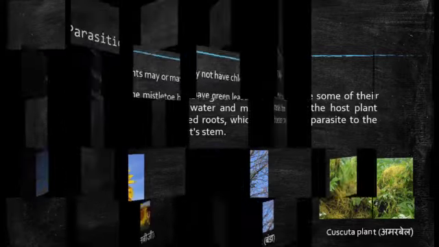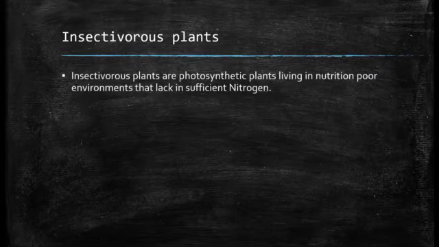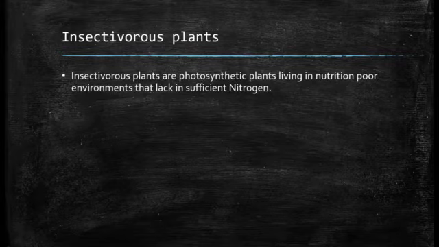Now let's move on to insectivorous plants. Insectivorous plants are photosynthetic plants living in nutrition-poor environments that lack sufficient nitrogen. So they have photosynthesis powers, but they live in poor environments where there is a lack of nitrogen.